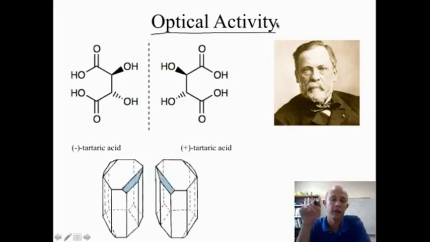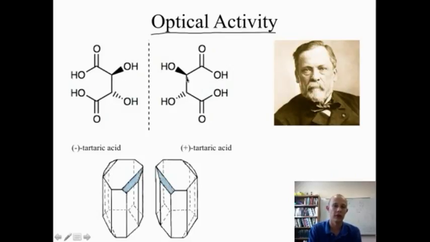It was discovered over 100 years ago by this guy with an awesome beard named Emil Fischer that chiral compounds, enantiomers, can rotate plane polarized light. And he discovered this with a compound that's produced by grapes and wine fermentation called tartaric acid. Notice that tartaric acid possesses two stereocenters.